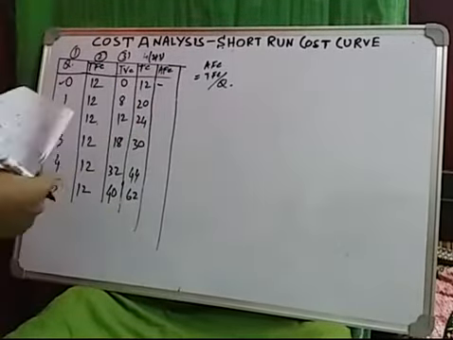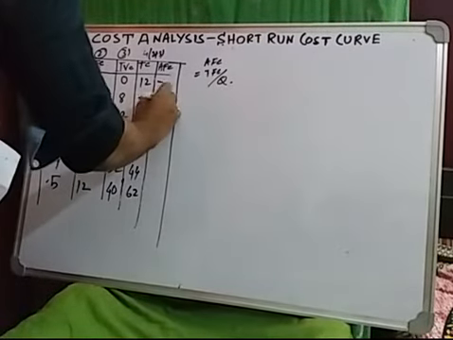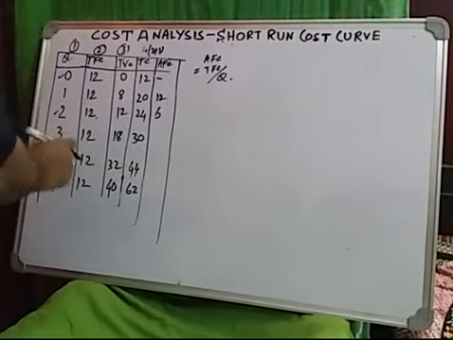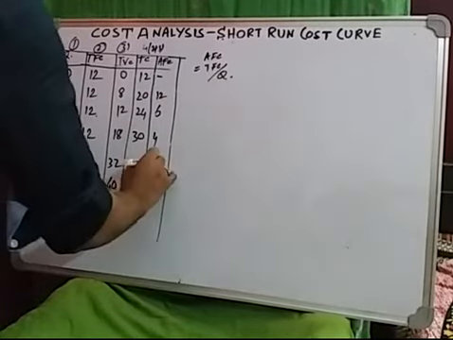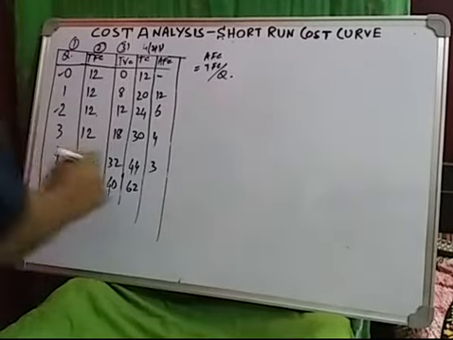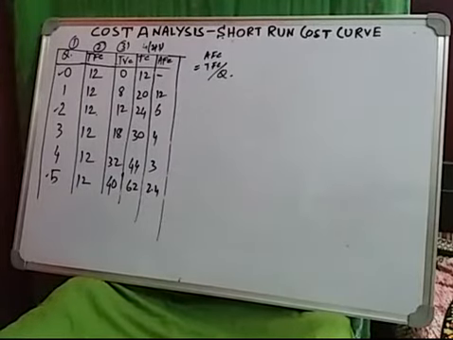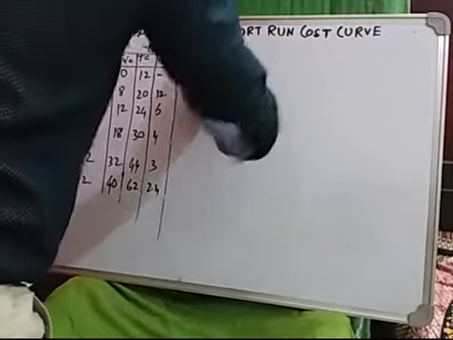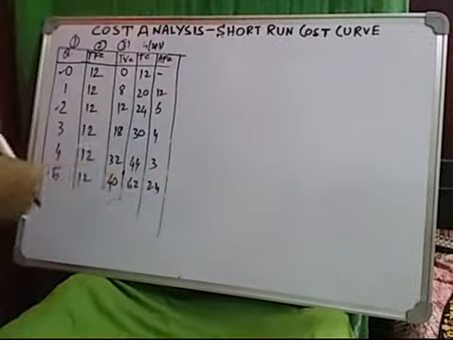We are not getting any point. That is why I am putting a dash. 12 by 1 is equal to 12. 12 by 2 I am getting 6. 12 by 3 I am getting 4. 12 by 4 I am getting 3. And 12 by 5 I am getting 2.4. Clear? So now if I put the points, then again I can get the AFC curve, the average fixed cost curve.